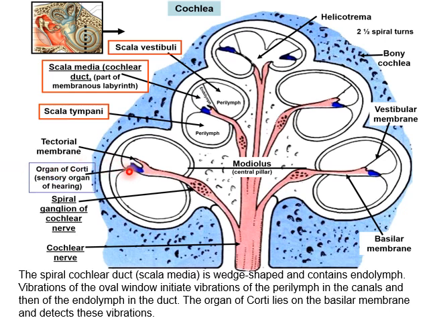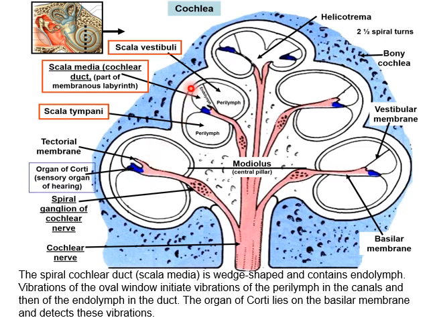It is located on the basilar membrane, which is here in this side. As you see, the cochlear division of the vestibulocochlear nerve or the auditory nerve gives branches that reach this sensory organ, which is the organ of Corti.